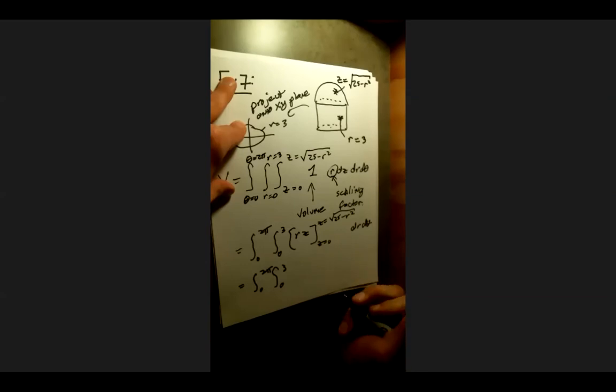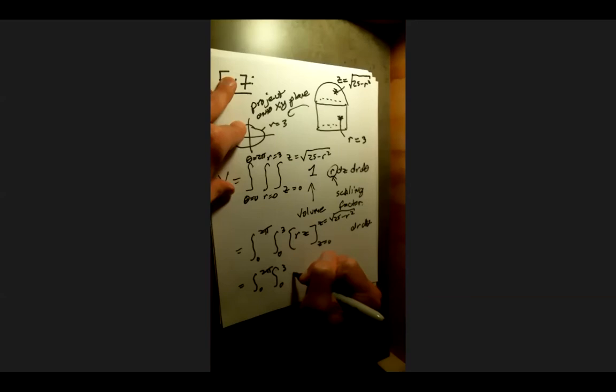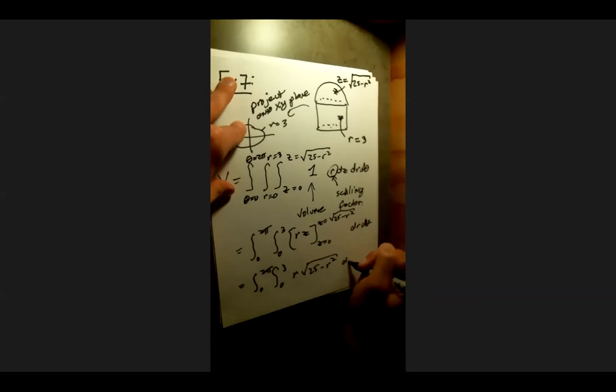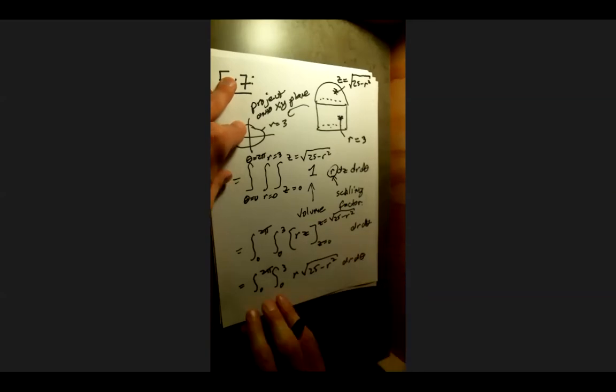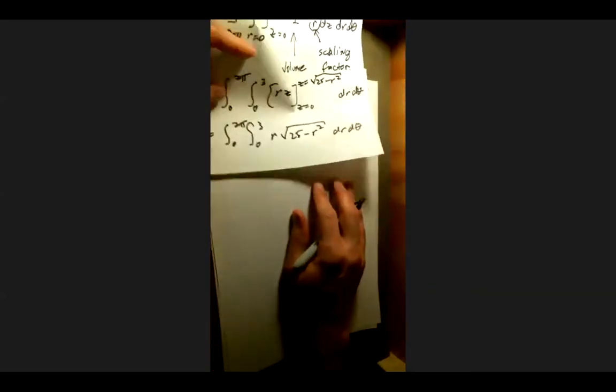Integral 0 to 2 pi, 0 to 3 of, looks like it's going to be r root 25 minus r squared dr d theta. Which, what is this thing?